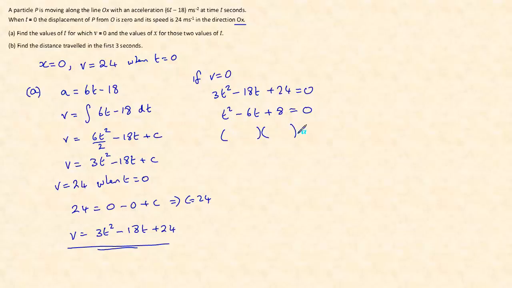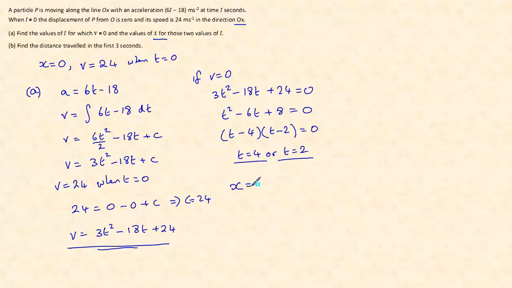And we can factorize this. So t and t is going to be 4 and 2, minus and minus. So t equals 4, or t equals 2. So now we need to move on to x.